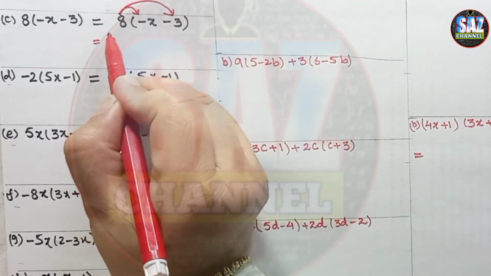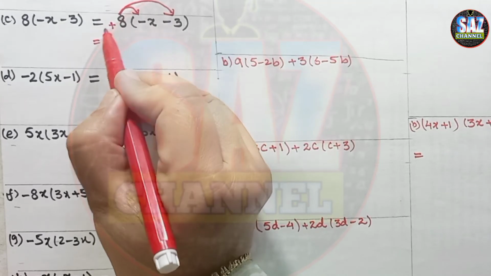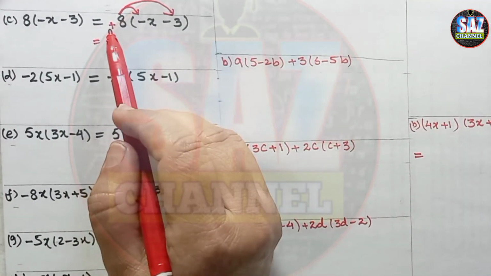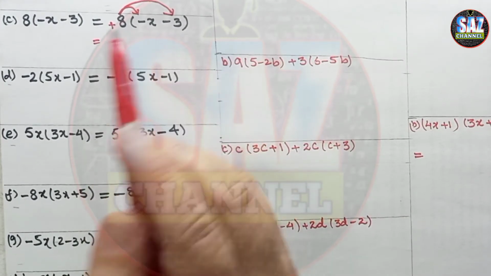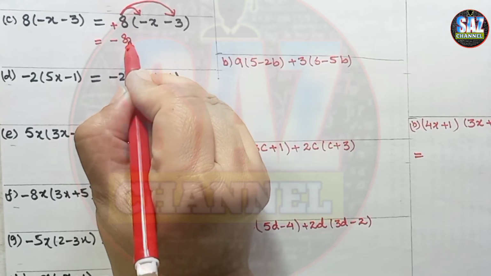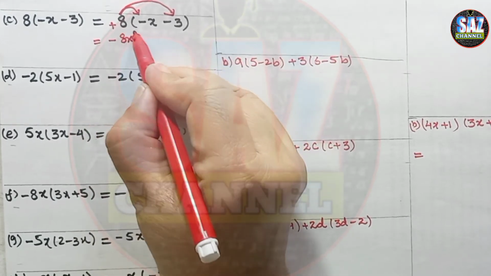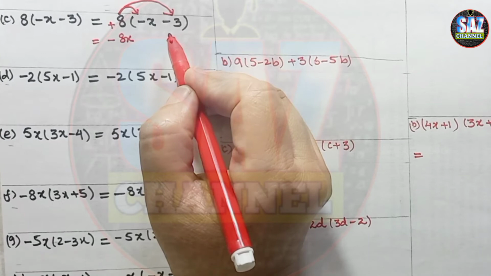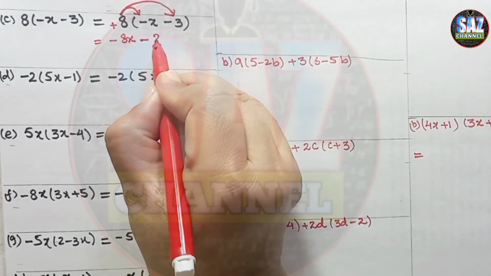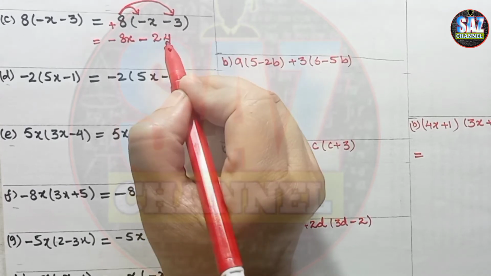As there is no sign at the beginning of 8, it is a positive sign. When a positive sign is multiplied with a negative sign, it becomes negative: minus 8x. And then when 8 is multiplied with 3, I have to read the table of 8 three times, that is 8 3s are 24, and plus sign with minus sign becomes negative.